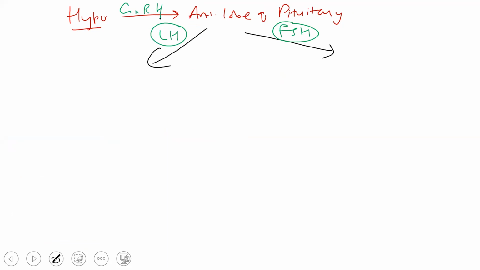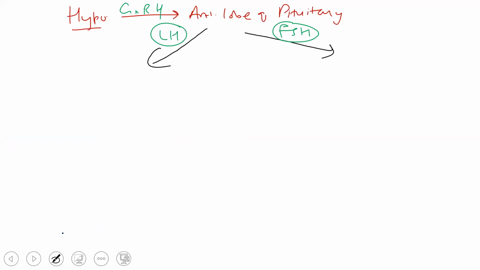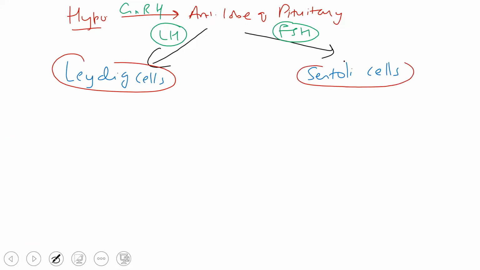Hypothalamus releases GnRH as we have talked about. This will affect Leydig cells, and this will affect Sertoli cells. LH means luteinizing hormone, FSH means follicle stimulating hormone.